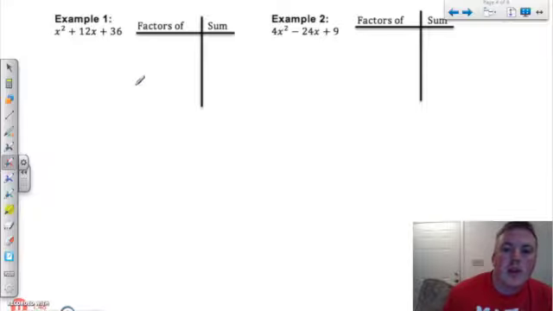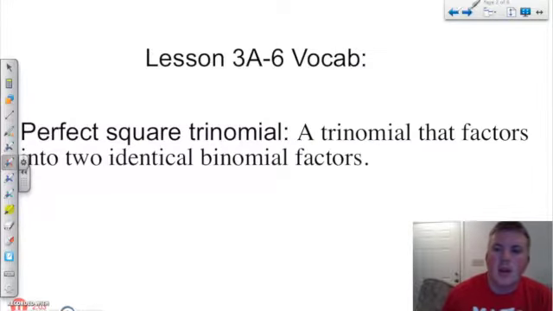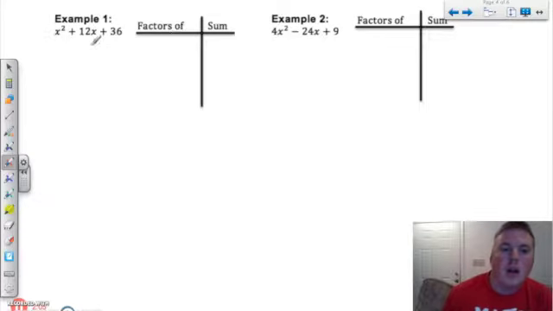All right, so in example 1, we are given x squared plus 12x plus 36. Let's first break this down and see if we meet our requirements. We have to have the first and last term being perfect squares. Let's look at the first term, x squared. x squared could be broken down into x times x.